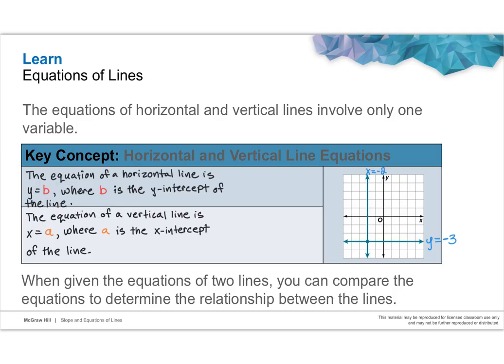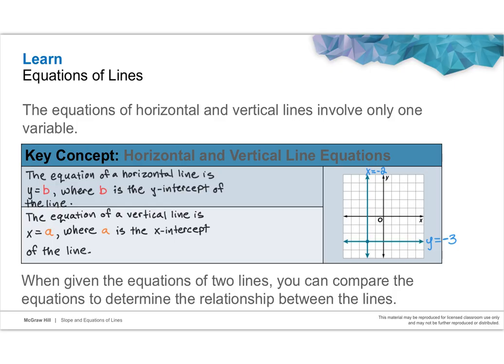It's describing the coordinate for either x or y for every one of the points on that line. All of the points on the line y equals -3 have a y coordinate of -3. All of the points on the line x equals -2 have an x coordinate of -2.